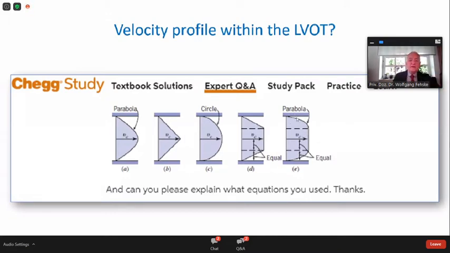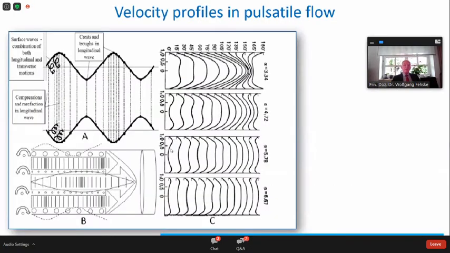During the pulsatile flow, we have acceleration zones and the profile changes over time. You can see how the profile changes.